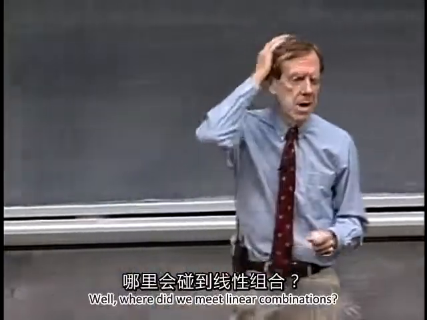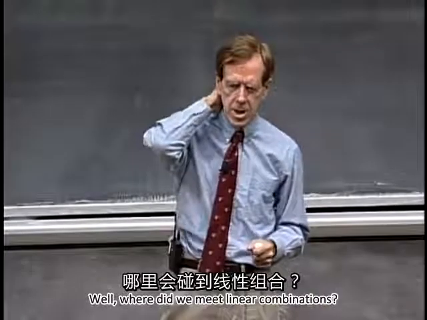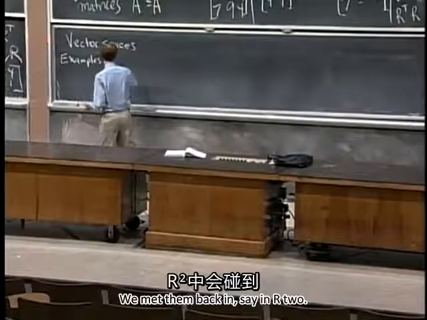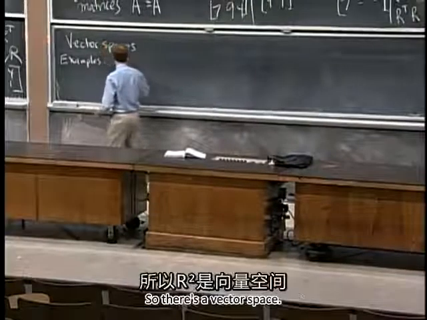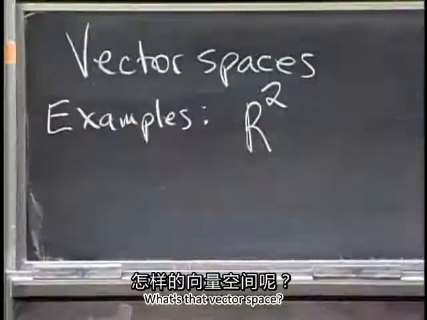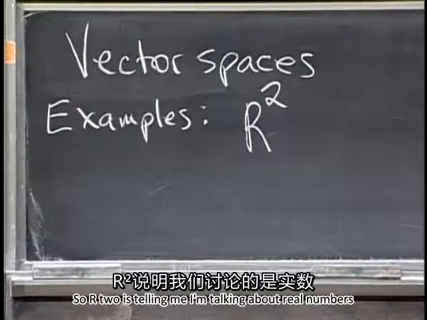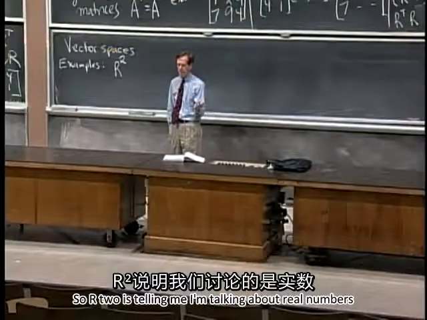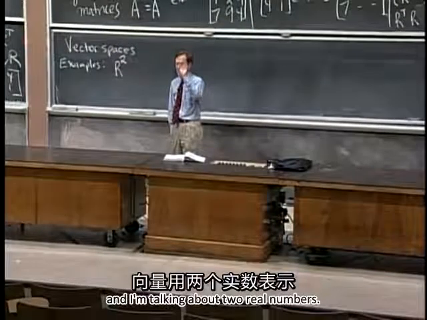Well, where did we meet linear combinations? We met them back in, say, R2. So there's a vector space. What's that vector space? R2 is telling me I'm talking about real numbers, and I'm talking about two real numbers.